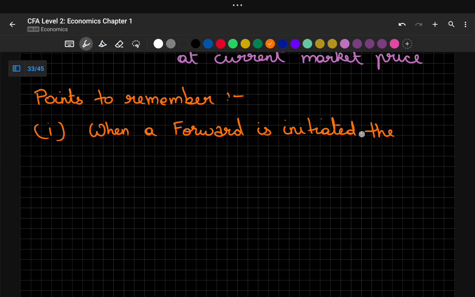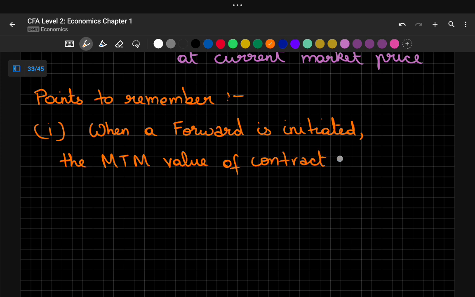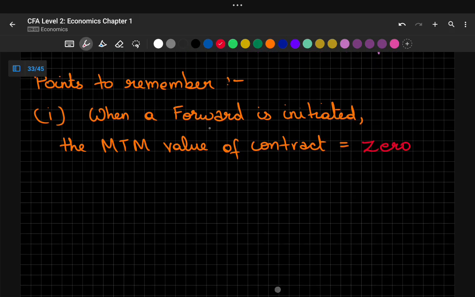That is, at the time when the forward contract is created, the MTM value of the forward contract would be equal to 0.